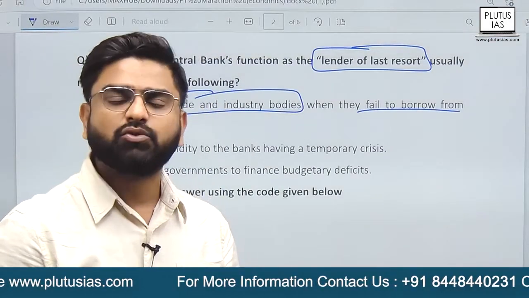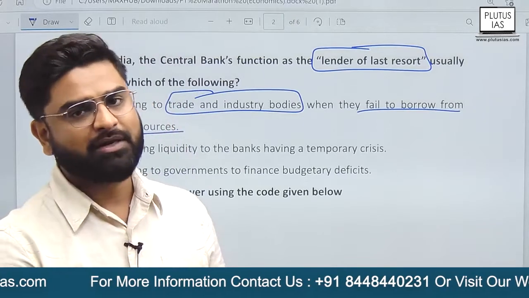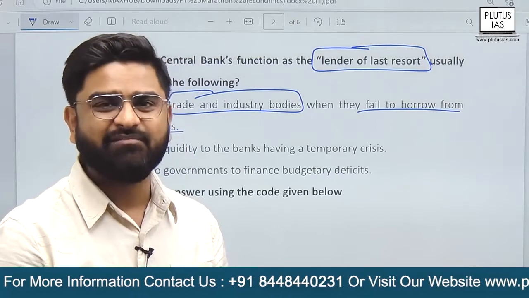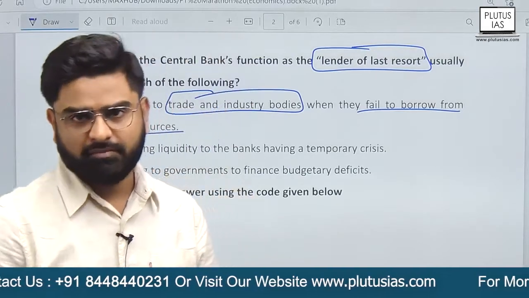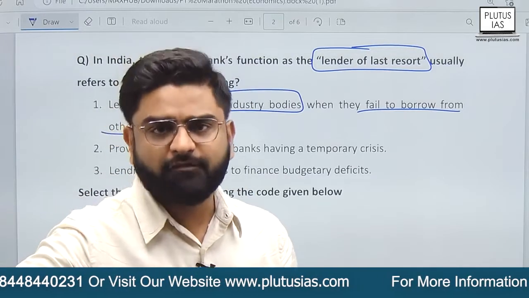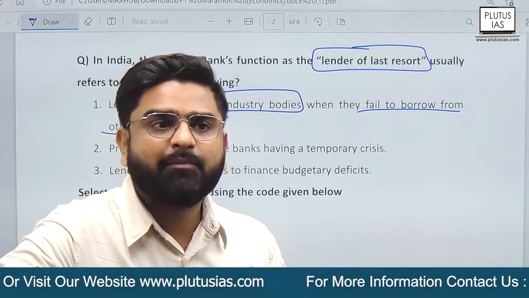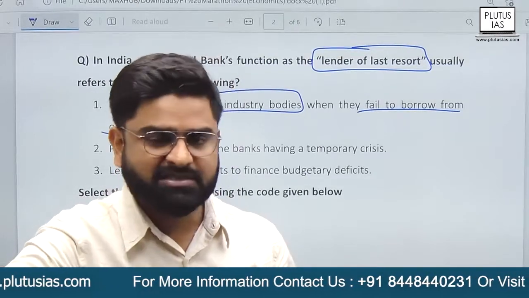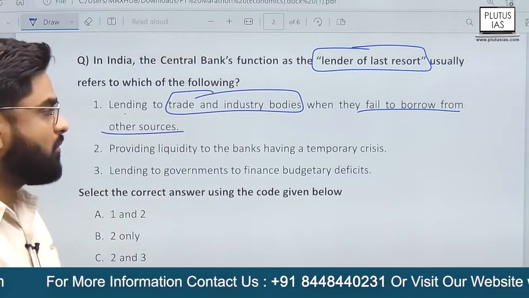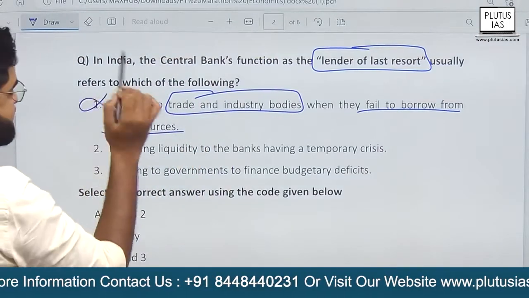It lends to banks, or it gives money to governments through Ways and Means Advances, WMA. It does not lend directly to any industry. It does influence the credit flow through mechanisms like bonds and securities in open market operations, but directly giving money is something RBI does not do. So we know for a fact this is a wrong statement.